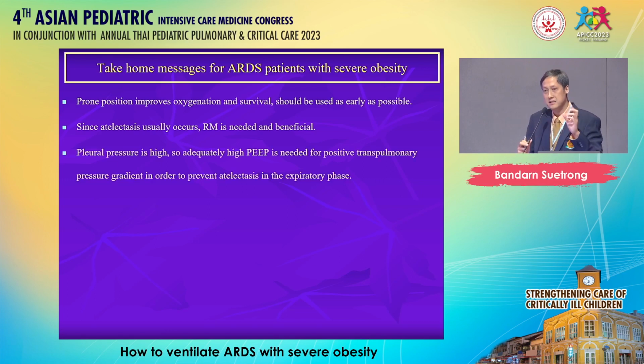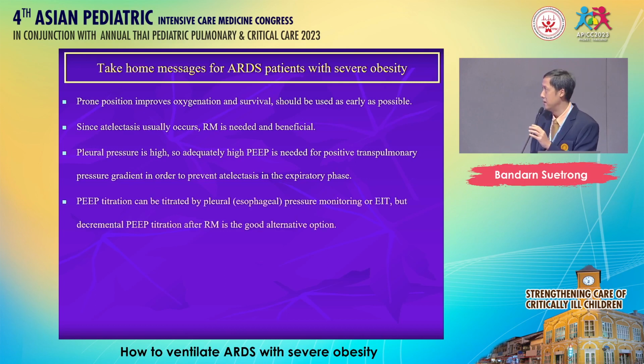And since the pleural pressure is pretty high, you usually need to use a higher level of PEEP to prevent atelectasis in the expiratory phase. As for the modality of PEEP titration, you can use esophageal pressure, you can use EIT, and you can use decremental PEEP titration after a recruitment maneuver as well.